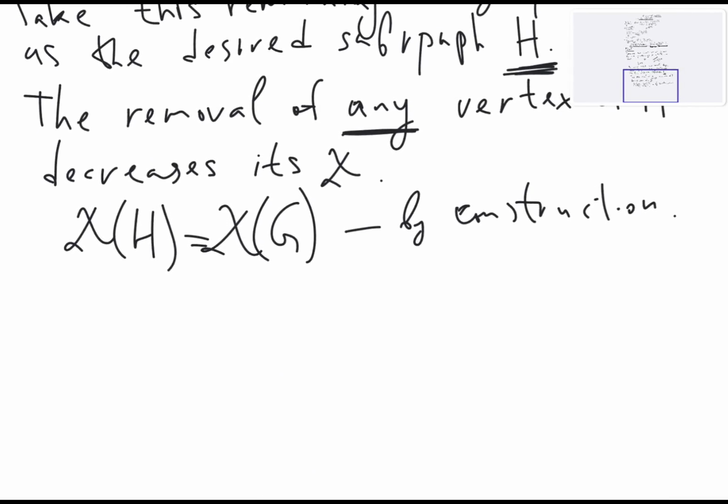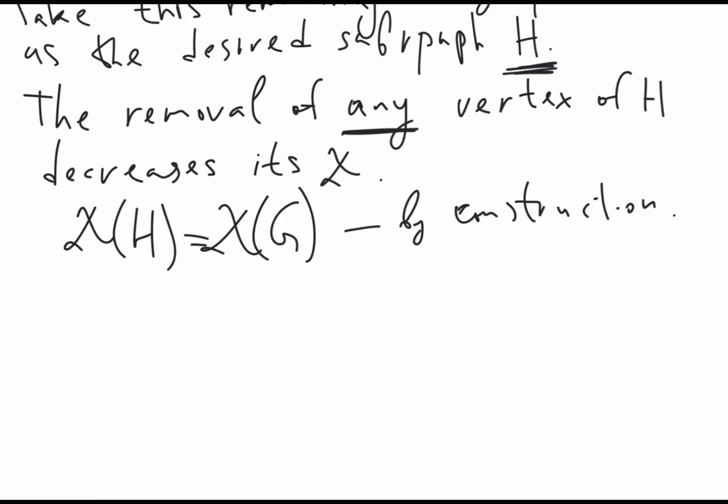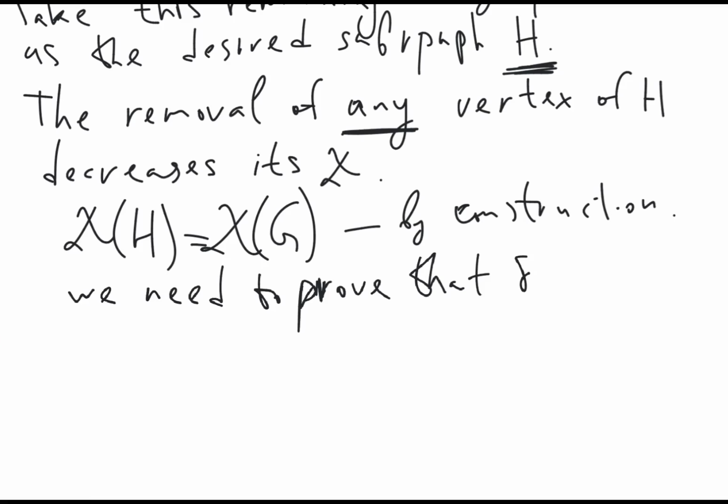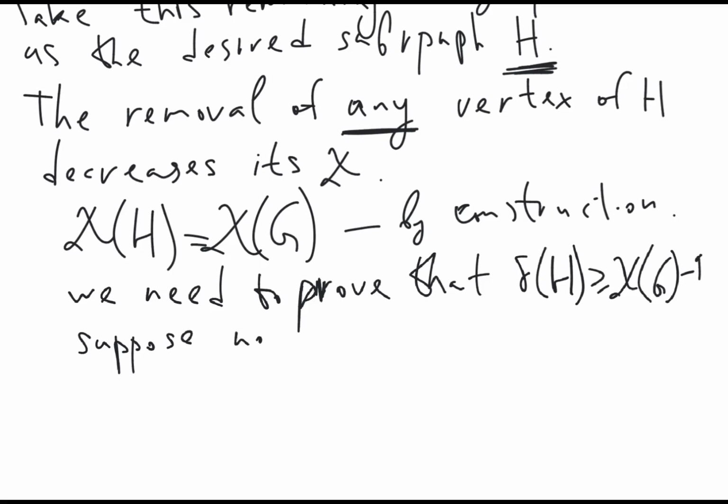So let's say that this is not true. We need to prove that delta of H is greater or equal than chi of G minus 1. Chi of G or chi of H, it's the same thing. So suppose it's not true.